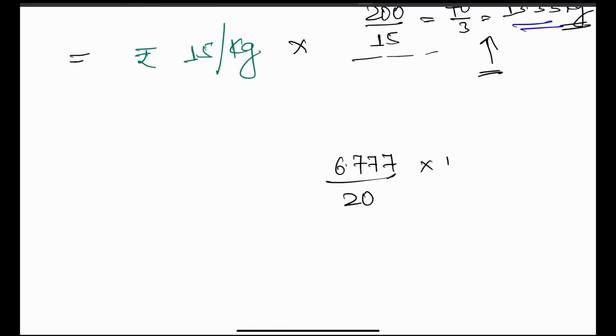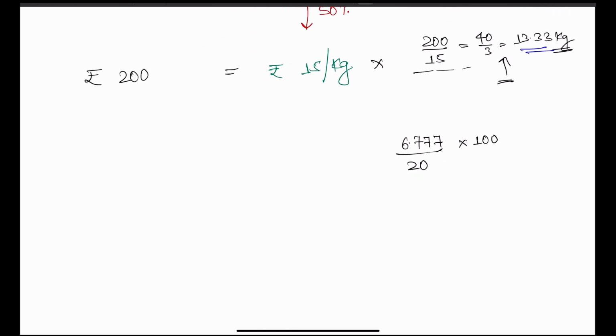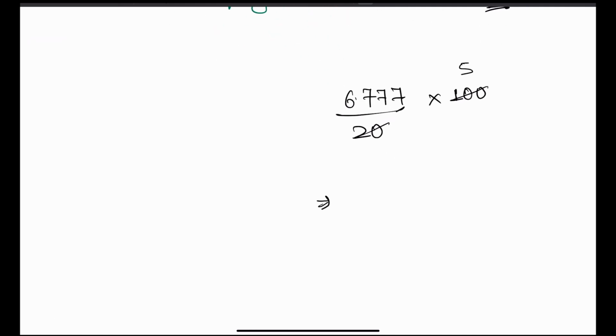We can do it like this also: 5 6 6, 5 6 5, 30 35. So 33.3 or something like that will be coming out.